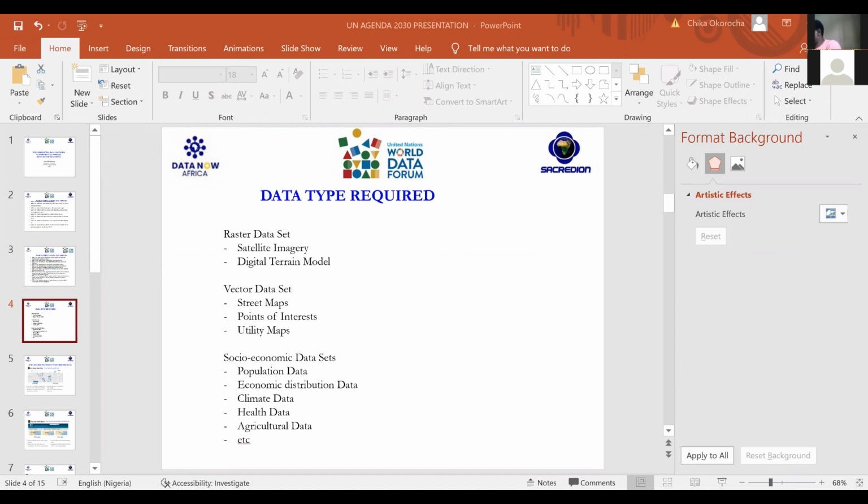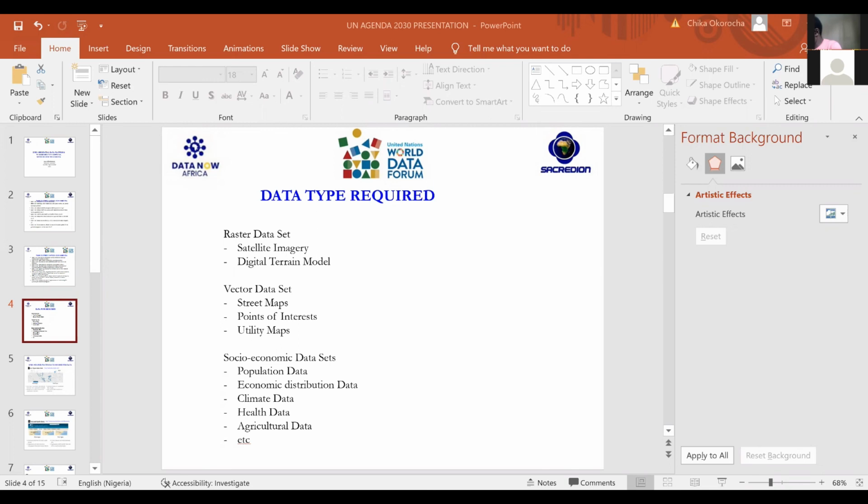One thing you need to know is the UN and other multilateral organizations are calling for synergy amongst all stakeholders in the data ecosystem. So what you're doing right now is joining hands with others to build a strong data ecosystem for Nigeria.